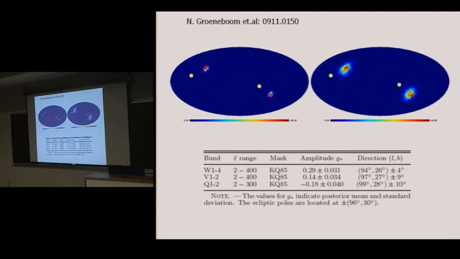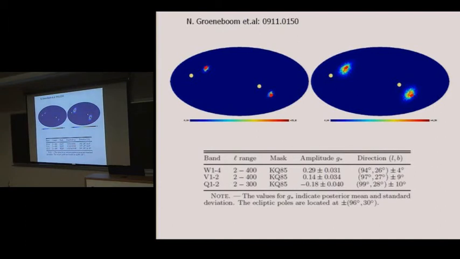And by applying the W band, V band, and Q band data, and using the K-75 mask, they find some amplitude of the G star and also this direction on the sky. So if you just see the G star values, you see that there is some detection.